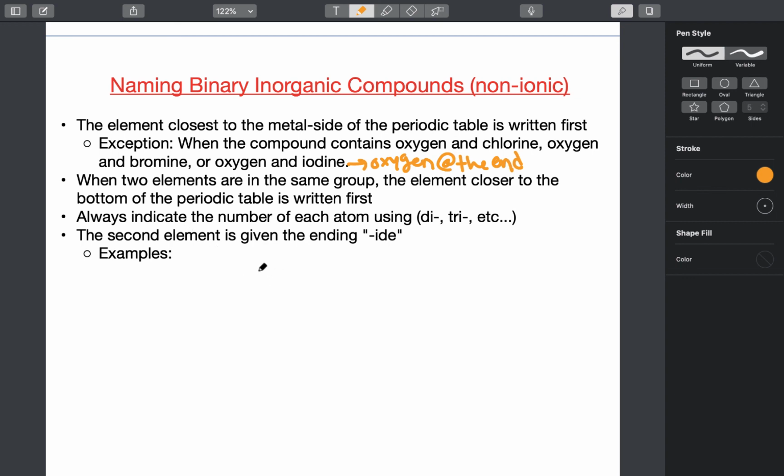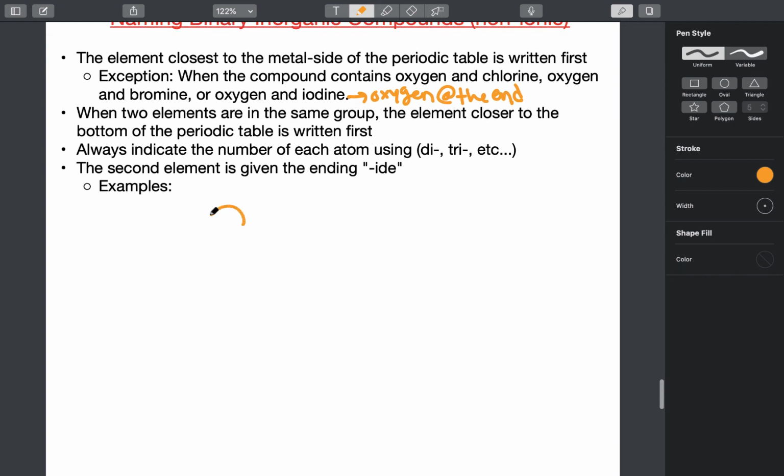Okay, so let's do one example. So Cl2O. Now, normally you would write oxygen dichloride, right? However, this is not the case for this chemical species because it is one of the exceptions.